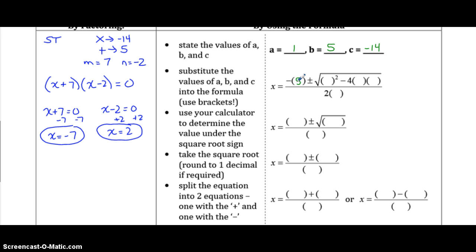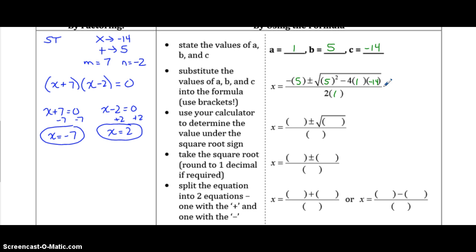So negative b plus or minus the square root of b squared minus 4 times a times c, all over 2 times a. So that's the second step, is to substitute those values in.